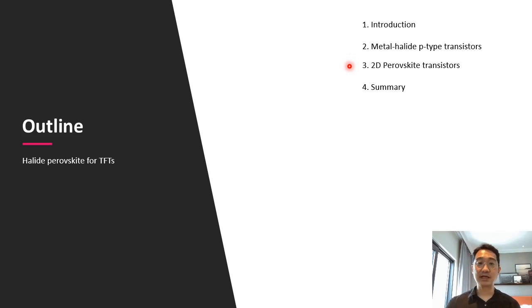Secondly, we talk about a 2D perovskite transistor using phenylethyl ammonium tin iodide, through optimization of various film properties and also passivation of defects. We reported a highly reliable 2D perovskite transistor. Then finally, a summary will follow.